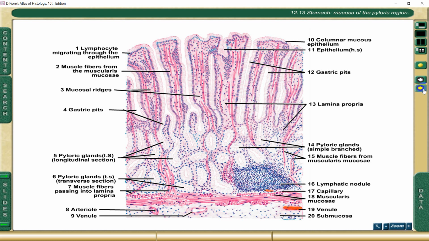The pyloric gland has the long pit compared with the cardiac, and is short and coiled. What distinguishes this region of the pylorus is the lymphoid or lymphatic nodule in the mucosa.